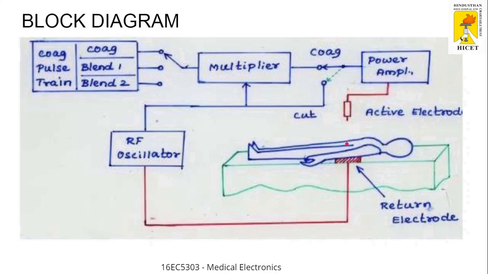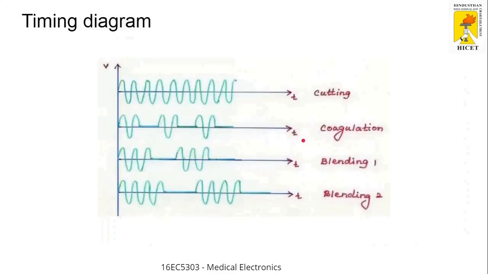But it is possible only if you keep the electrode away from the skin. If you keep the electrode over the skin or over the tissue, then definitely it will have the cutting edge. It cannot be used as coagulation, it will be used only as diathermy. So that is the idea behind coagulation.